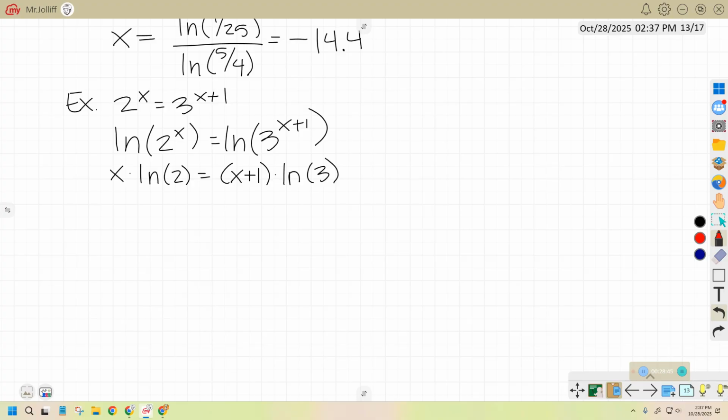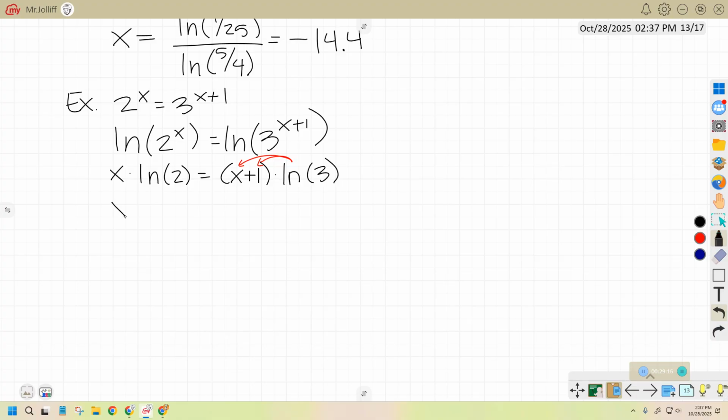Was the same third step as the last example. I want to get rid of those parentheses. Starts with a D. Distribute. Yeah. Multiply that constant, ln3, through the parentheses.